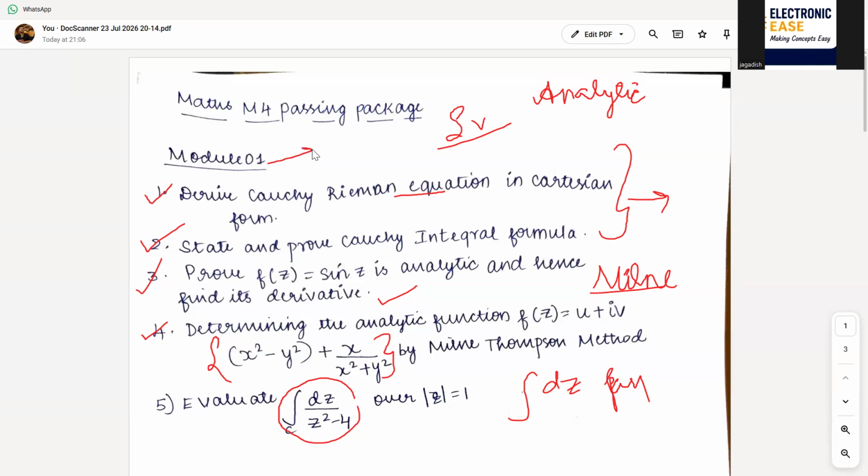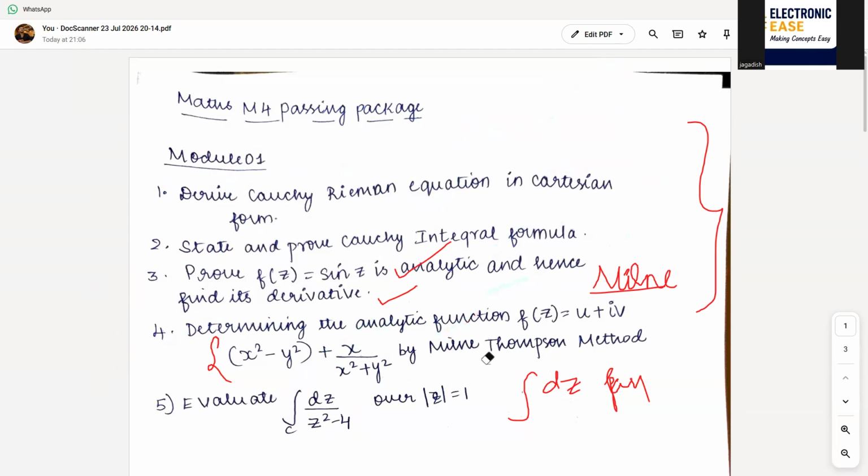If you are aiming for 15 marks from module 1, just learn at least 14 or 13 marks. Learn the Cauchy-Riemann equation, Cauchy integral formula, analytic function, and Milne-Thomson method. This will help you get the required 2 questions, whatever you want to solve, that you are able to solve in module 1.